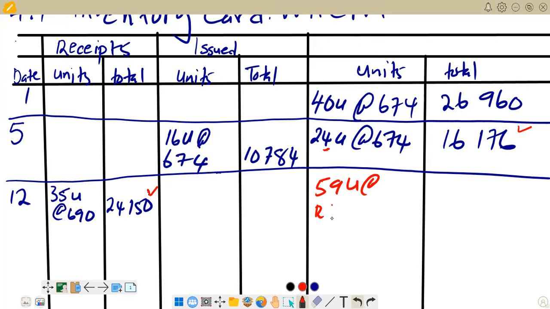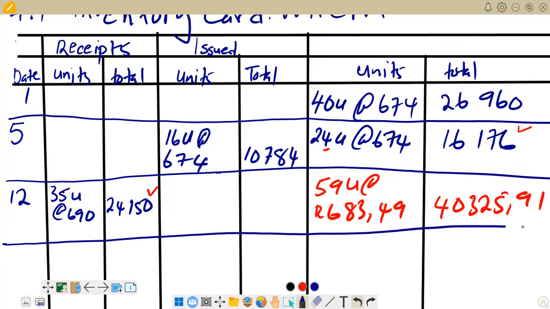So this is what we have. And then now the value, now we are saying 59 times 683.49. Then we are going to get 40,325.91. So this is what we have in terms of the 12th. Then we move on to see what we have next.